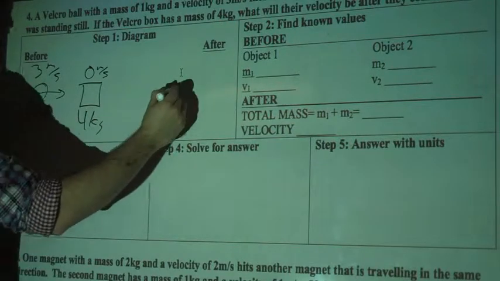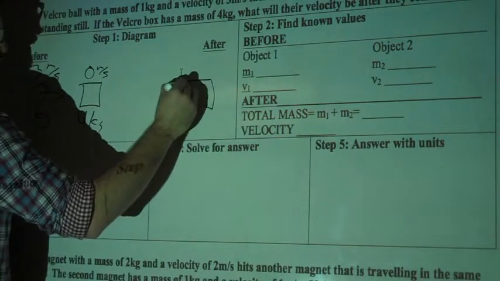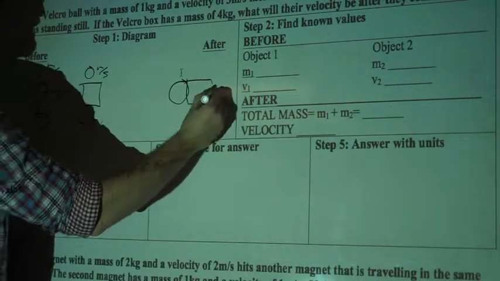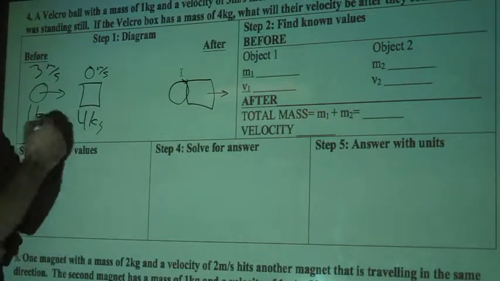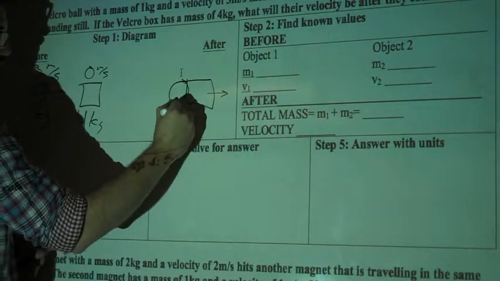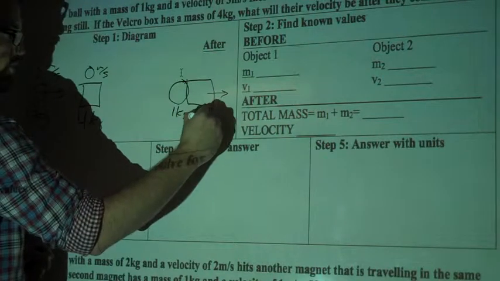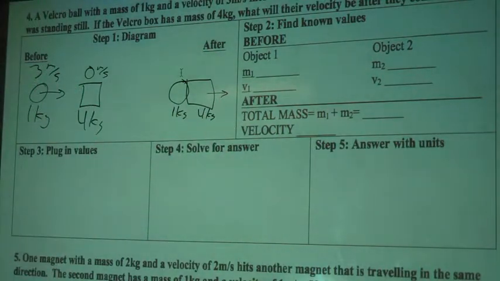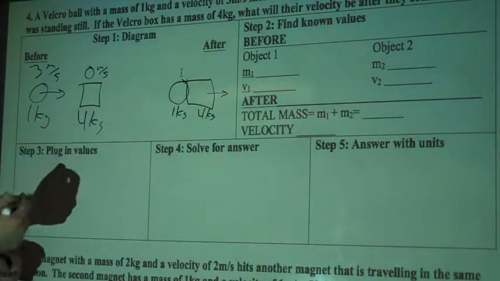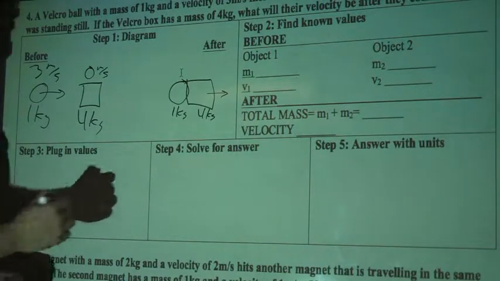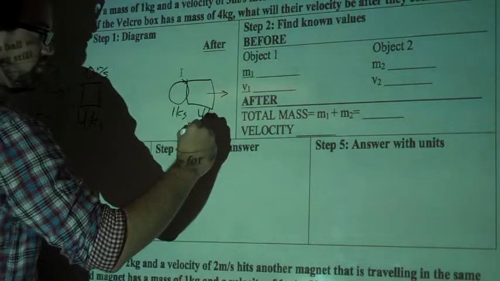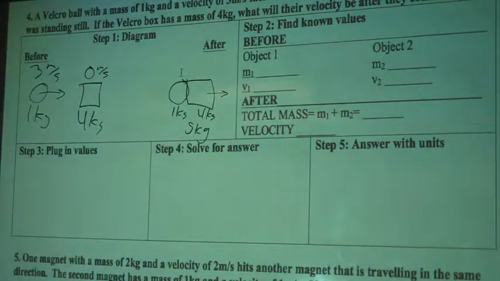Afterwards, the box and the ball are stuck together. They're moving this way. This had a mass of 1 kilogram, and this had a mass of 4 kilograms. So the total mass now is 1 plus 4, which equals 5. And we don't know the final velocity.